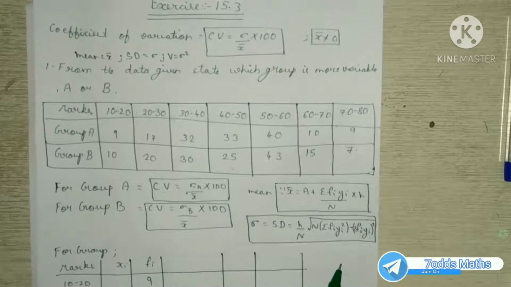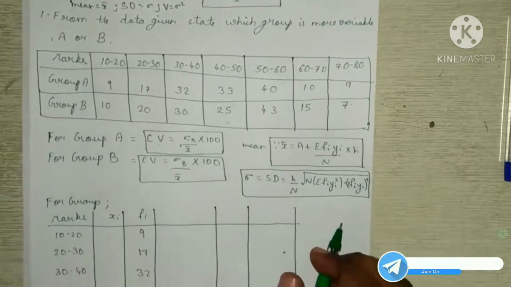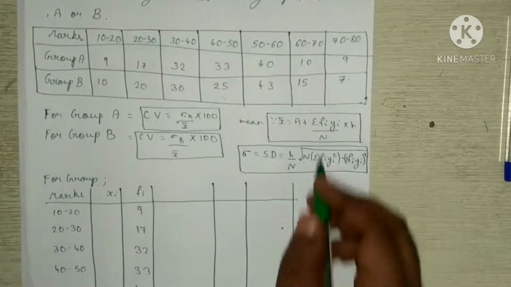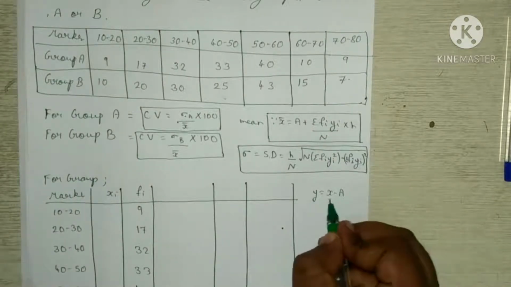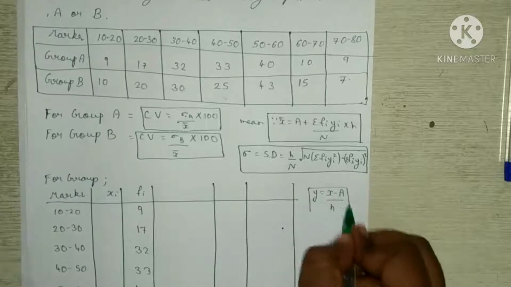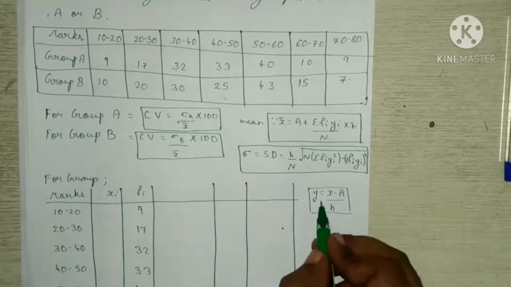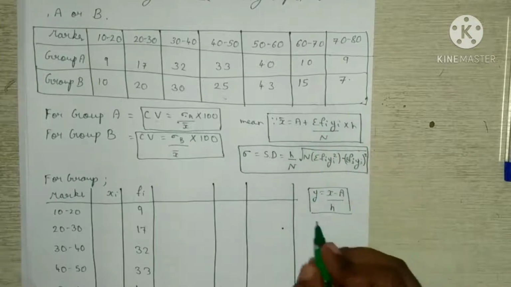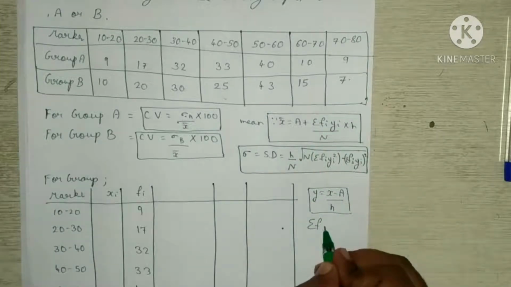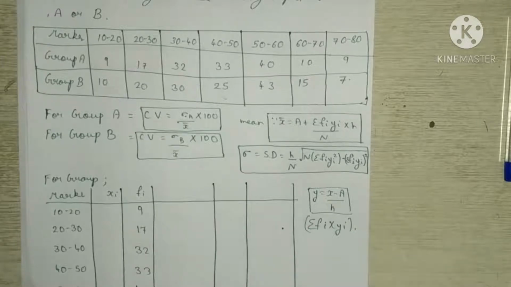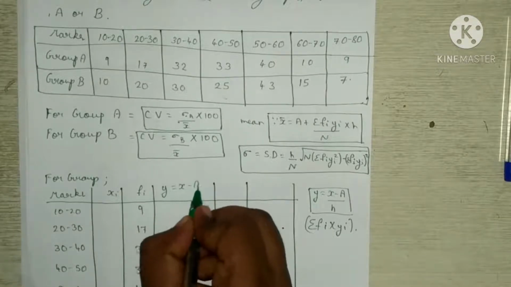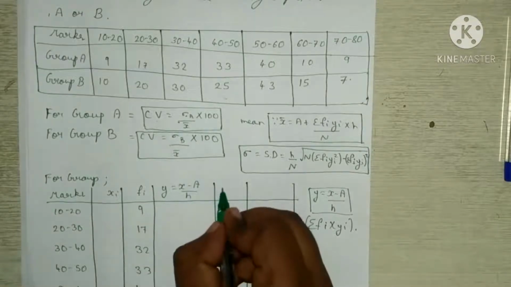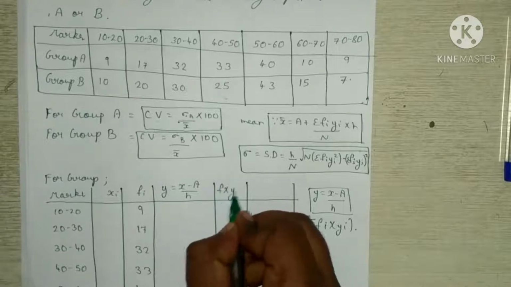To find the mean, according to the table or column, we need to find y. Y is nothing but x minus a by h. We need to find y, and we need to find summation f i into y i. Then f into y.